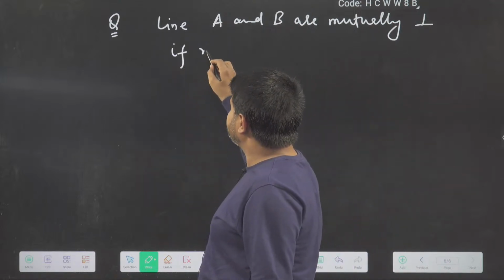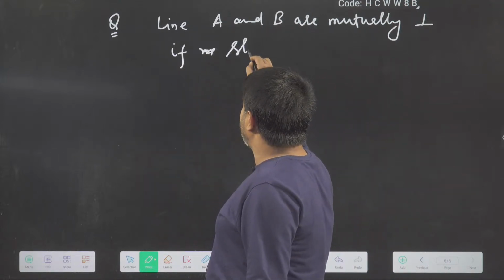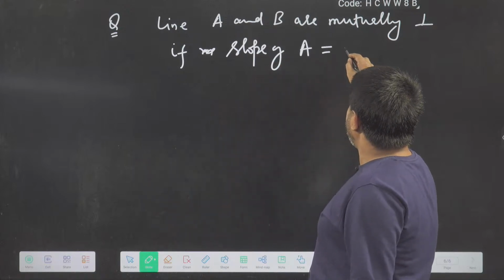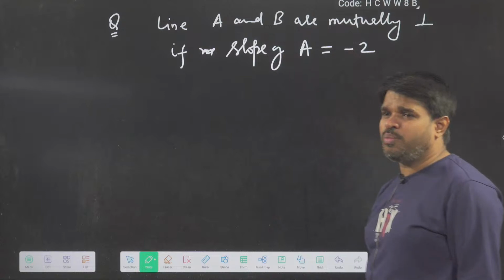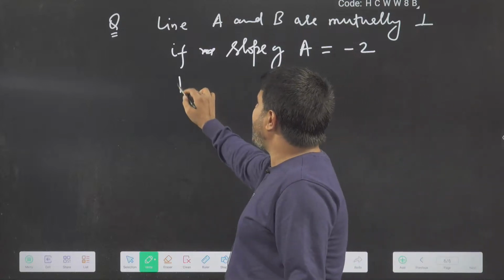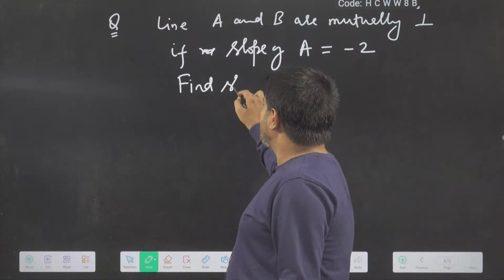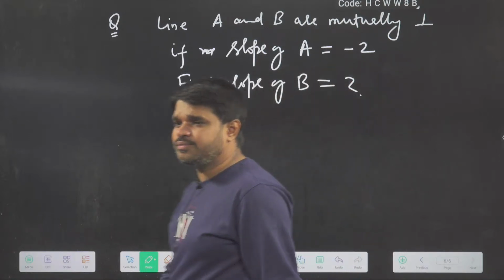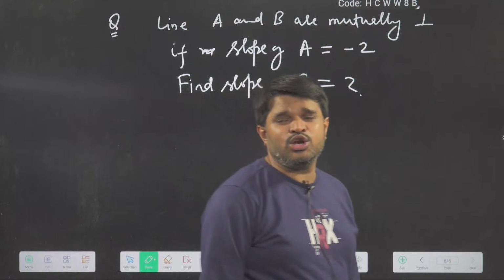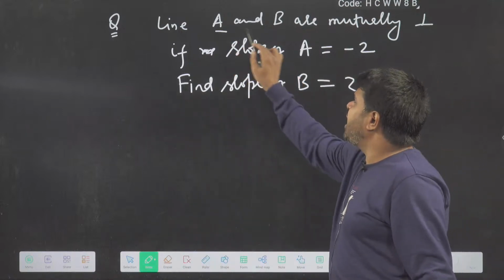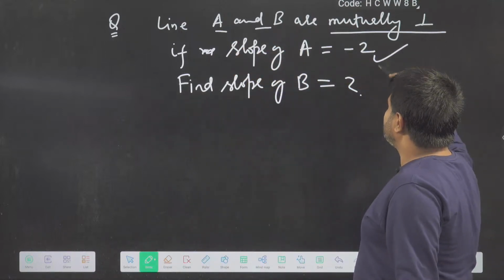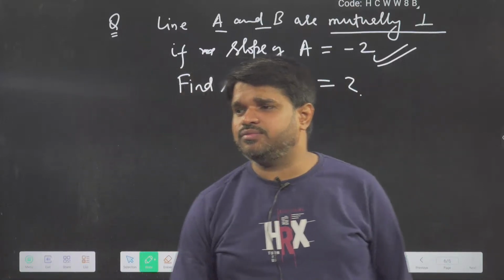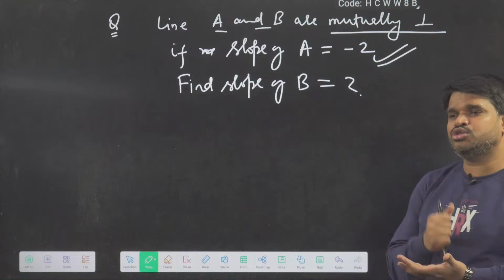If the slope of A is minus 2, find the slope of B. Start doing. There are two lines A and B, they are mutually perpendicular, the slope of A is minus 2. Find the slope of B.